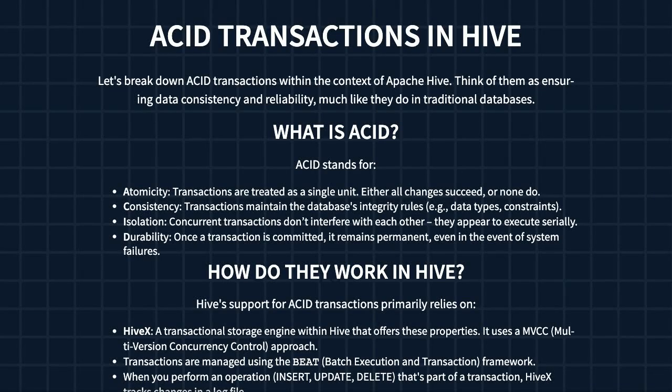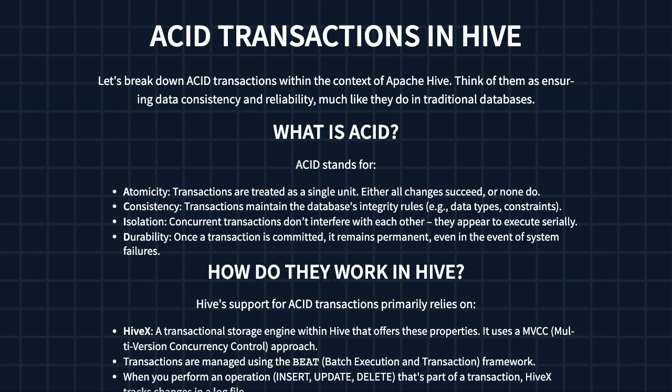Okay, let's talk about ACID transactions in Hive. Essentially, they're like making sure your data stays consistent and reliable, just like you'd expect from a regular database. ACID stands for atomicity, consistency, isolation, and durability. Atomicity means that all changes within a transaction either happen completely or none at all.